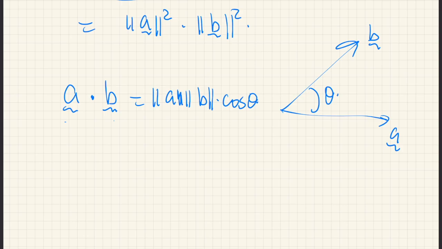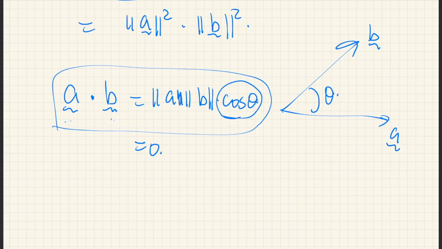This is the result we got when we studied the scalar product. So if this is equal to 0, and if A and B are non-zero vectors, then the only possibility is that cosine theta is 0.